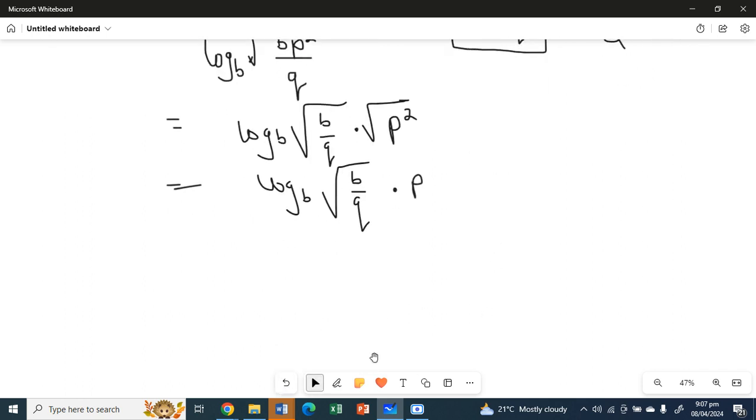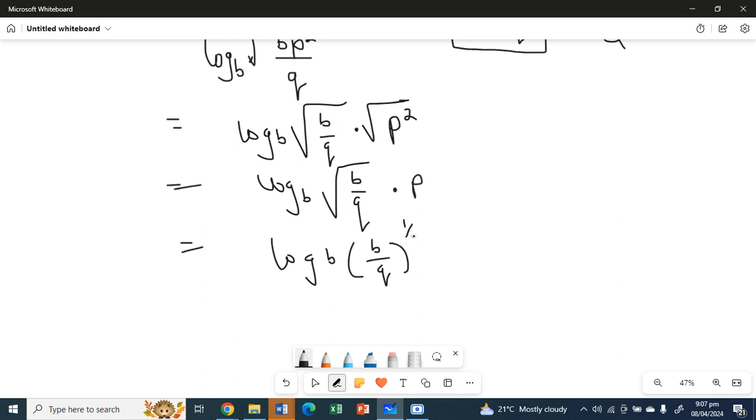So it becomes log base b of b over q to the power half, multiplied by p. Are we okay with this part? Remember, we need to go step by step.